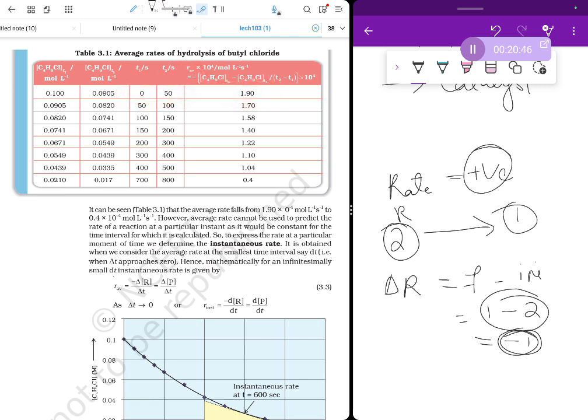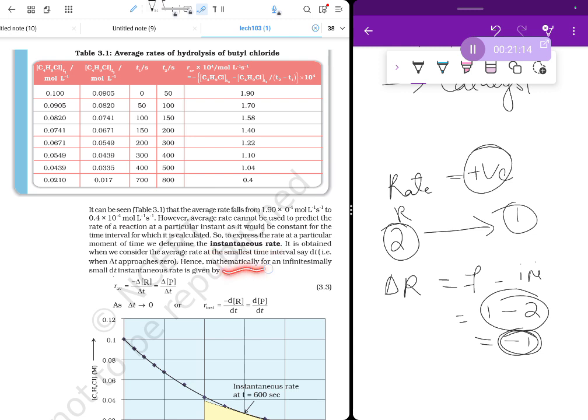So to express the rate at a particular moment of time, we determine the instantaneous rate. It is obtained when we consider the average rate at the smallest time interval, when delta t approaches 0. It means the delta t of 50 should approach 0.0001. So at a particular moment, the interval is very small, then it is the instantaneous rate.